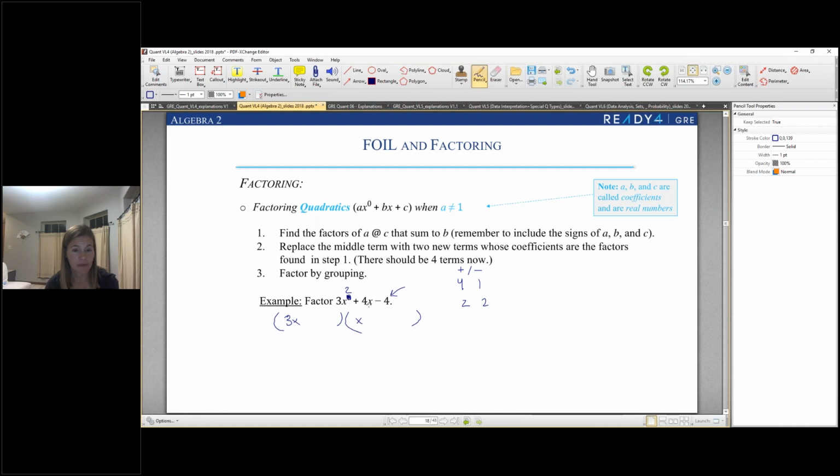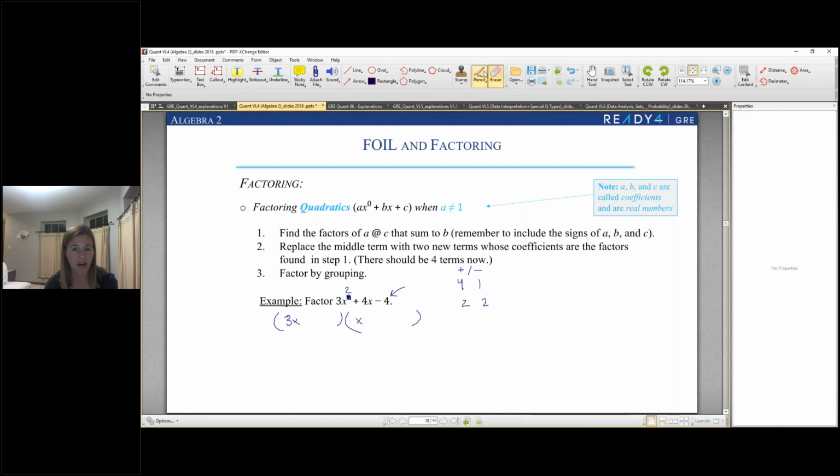So rather than just the factors that add up to 4, we're going to be multiplying this number times this number and adding this number to make 4. So I probably don't want to pick the 4 in one set, because if I put a 4 over here and I multiply by 3, I'm going to be way up in the 12s, and that's probably going to be too high for me.